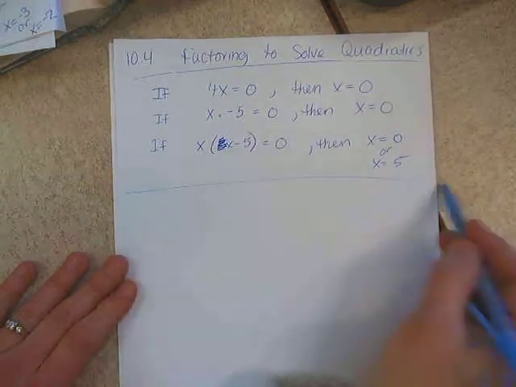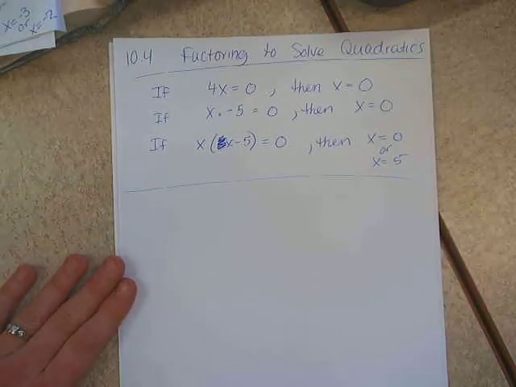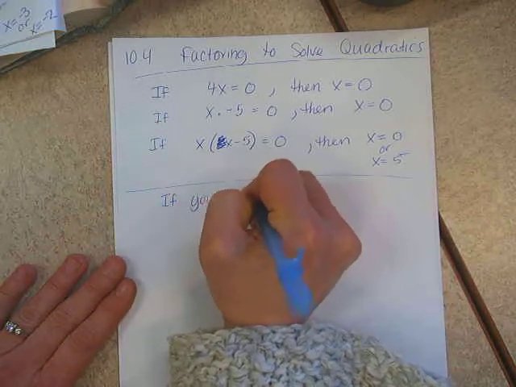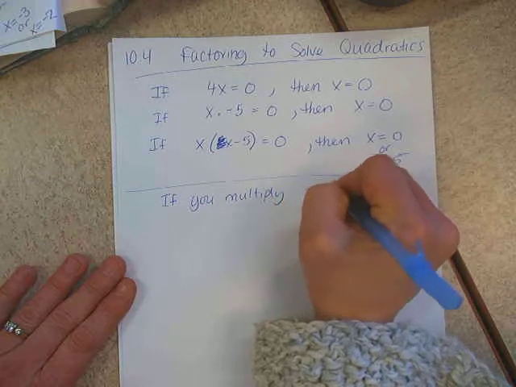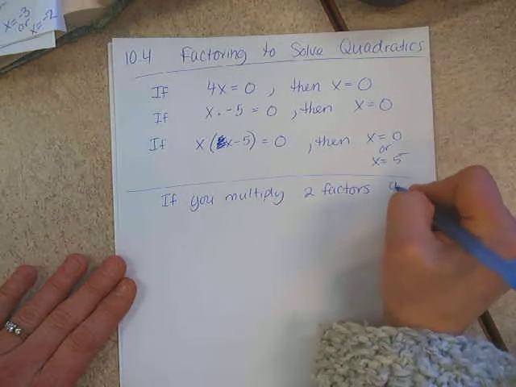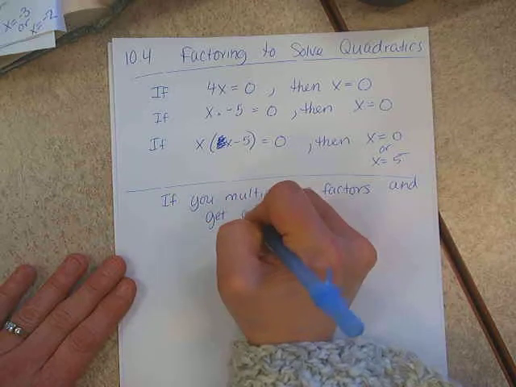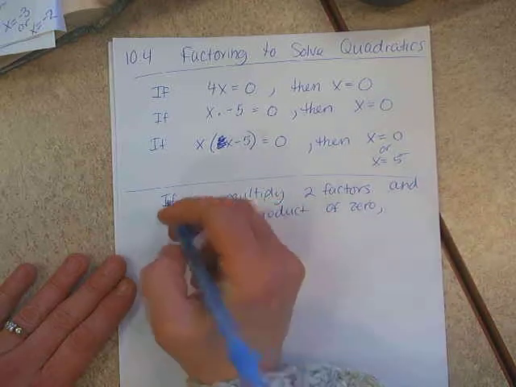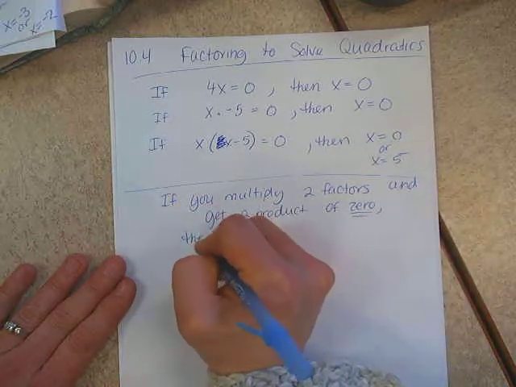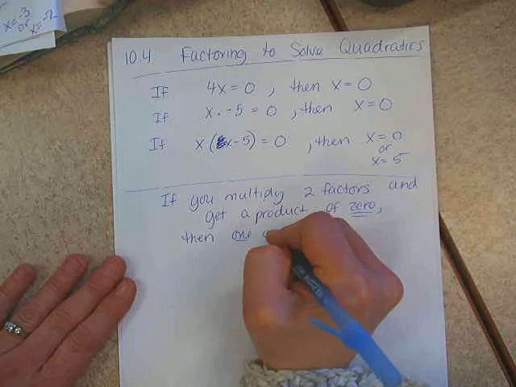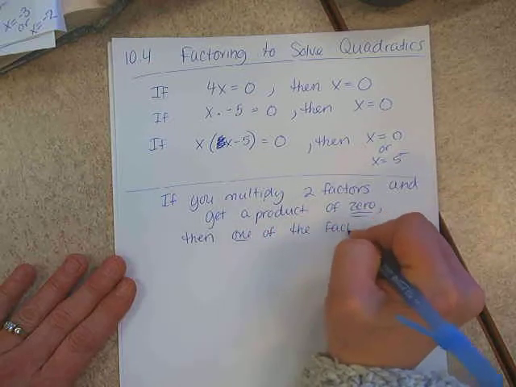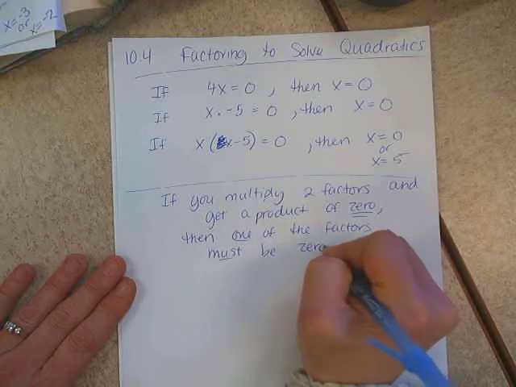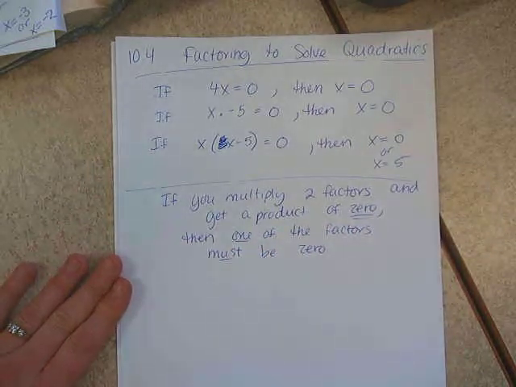Okay. The reason we're looking at this is we're going to be using the zero product property. It's a concept that says if you multiply two factors and get a product of 0, then one of the factors must be 0.